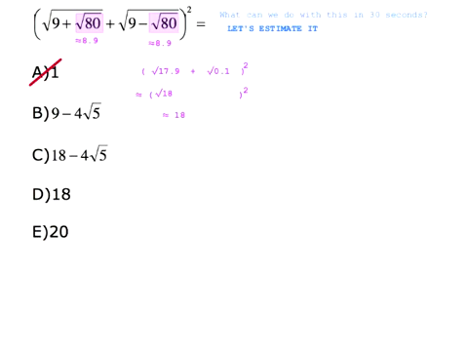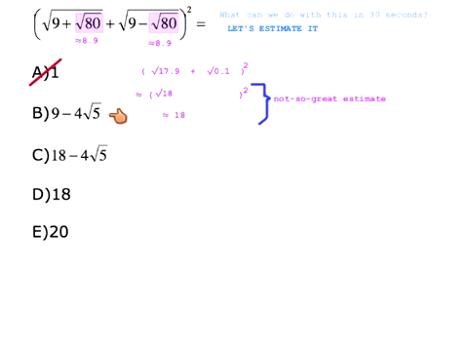So in fact, what we have here is a not so great estimate, but it's still going to eliminate a lot of choices. You want to kill the choices that are way too far away from this.